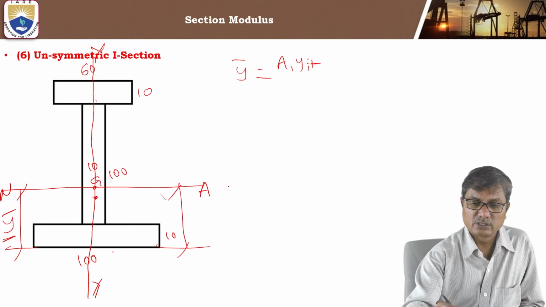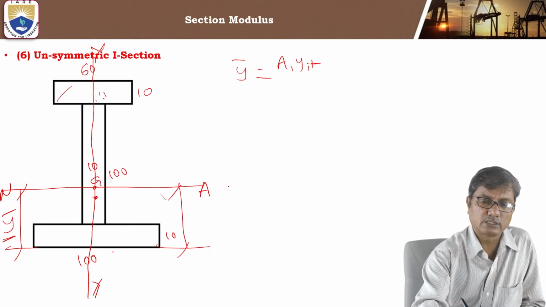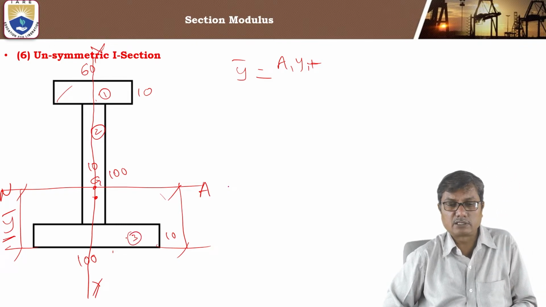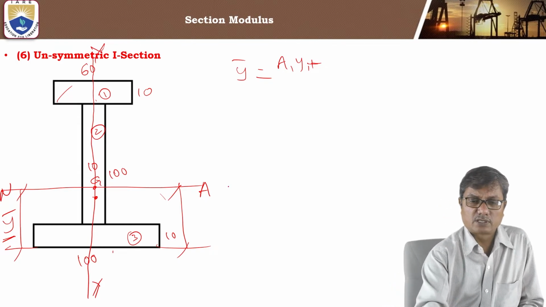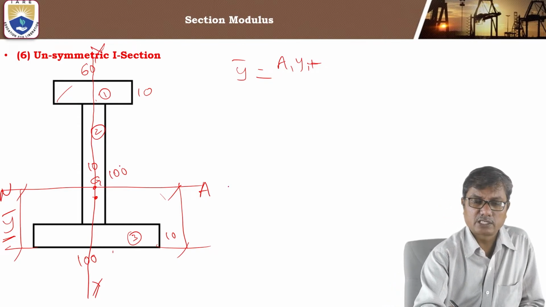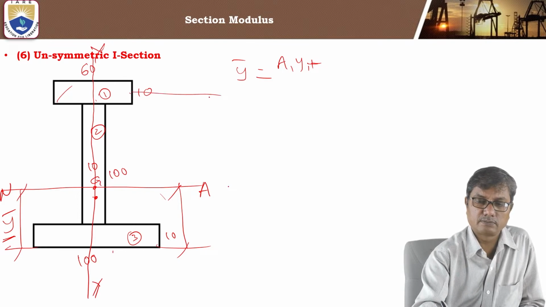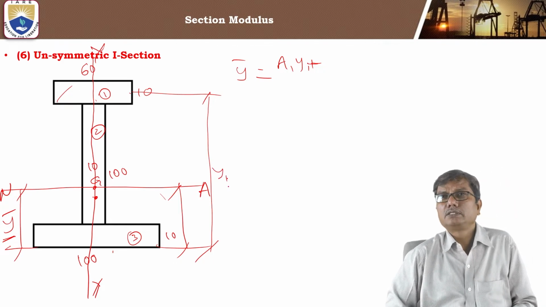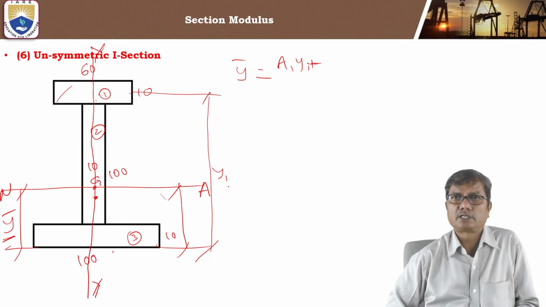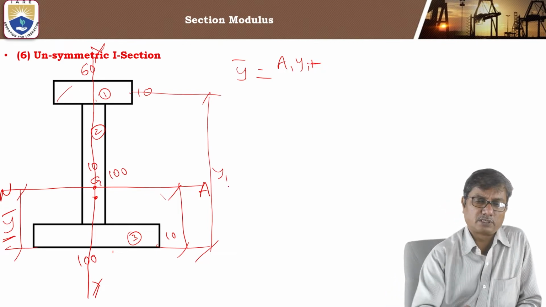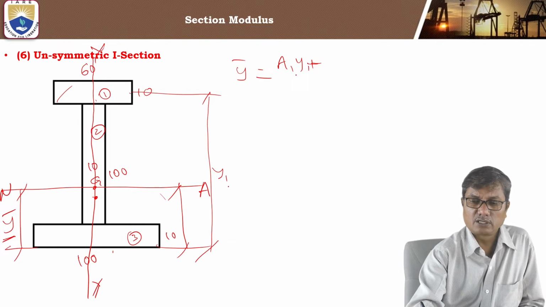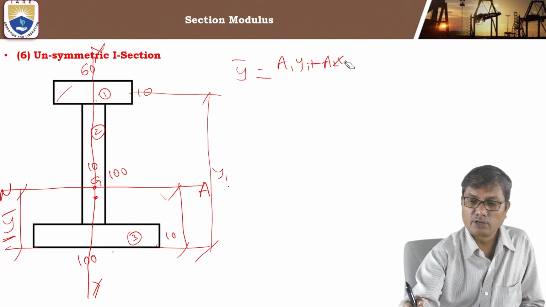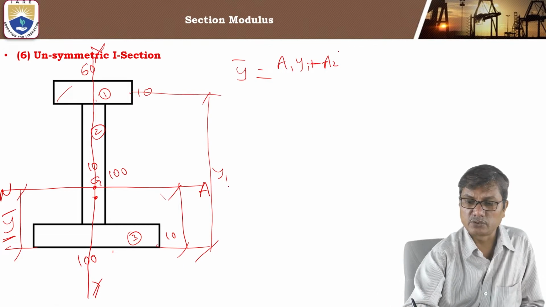Here also we divide this into three components: top flange, web, and bottom flange. For the top flange, the area is a1 and the distance of its centroid from the bottom is y1. So we are locating the distance of the centroid from the bottom edge. We take all these distances y1, y2, etc. from the bottom edge only.